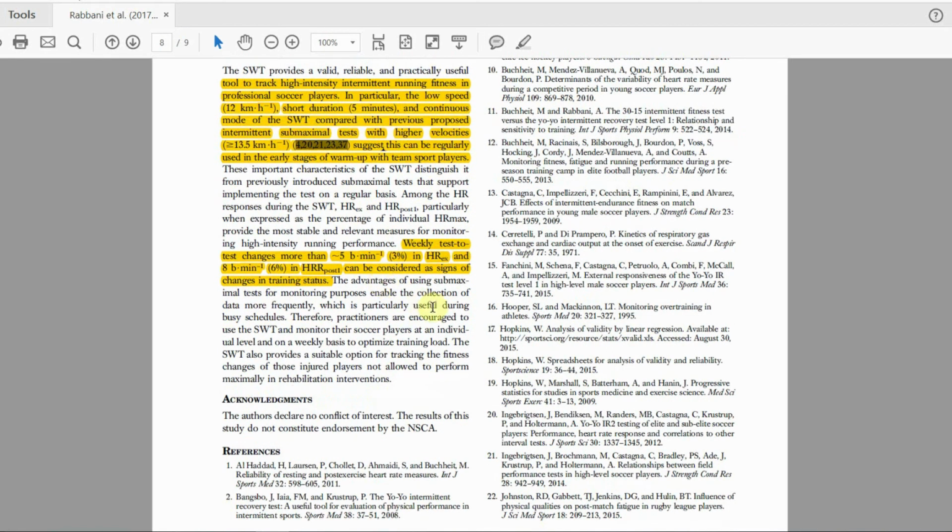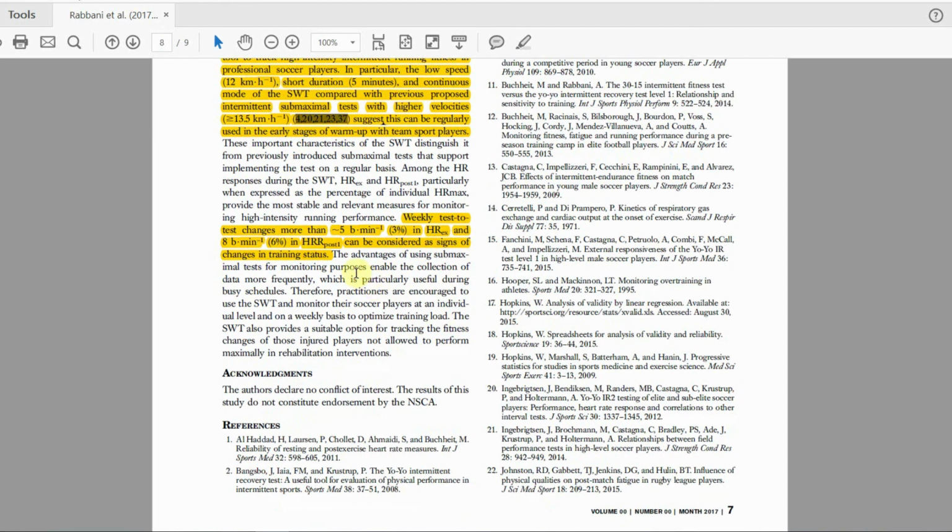Weekly test-to-test changes of more than 5 beats per minute, or 3% in heart rate exercise, and 8 beats per minute or 6% in heart rate post can be considered as signs of changes in training status.